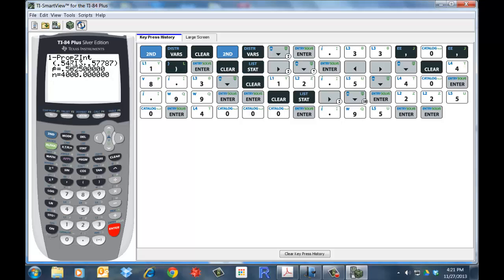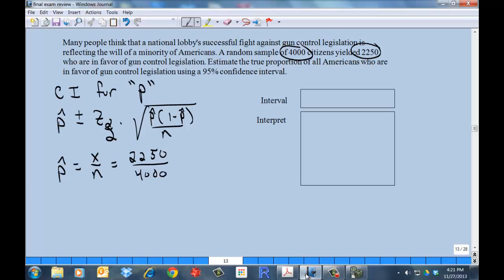Okay. So we get the lower bound and upper bound. So let's jot that in. 0.54713, and the upper bound is 0.572787. We'll say it a little differently on this particular question.